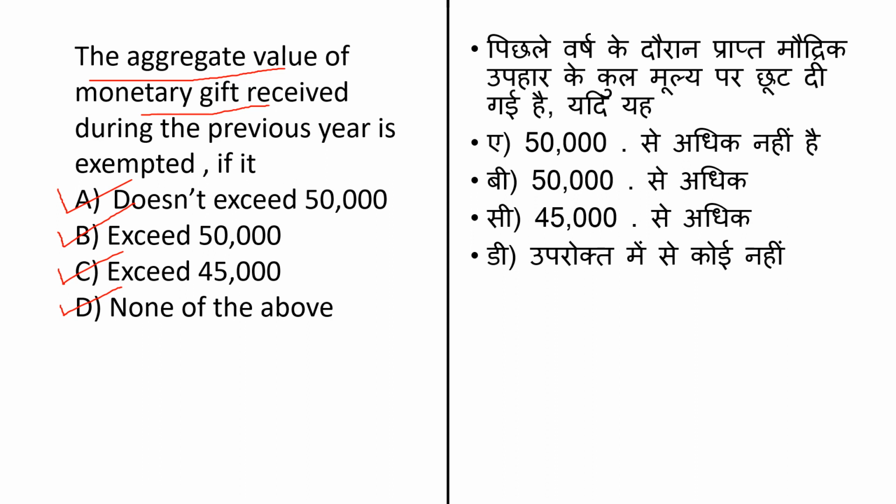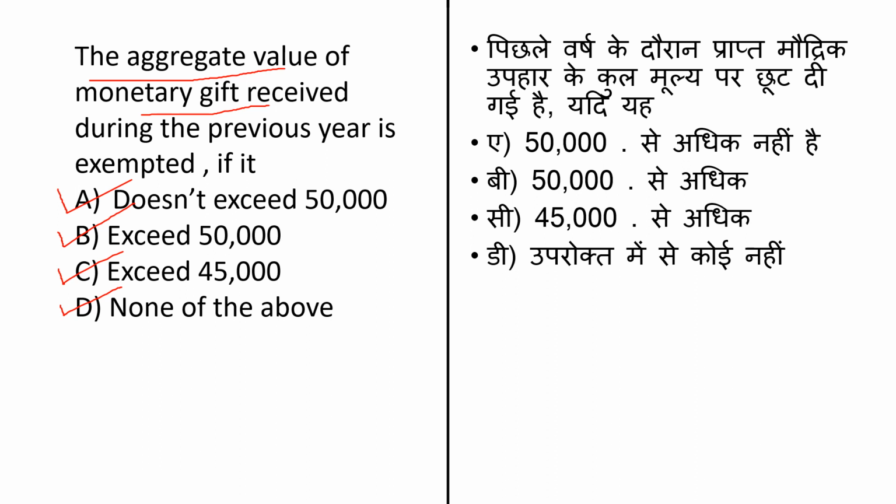If the gift received during the previous year exceeds 50,000, then the whole amount of gift received will be chargeable to tax. The marriage of an individual is the only occasion when the monetary gift received by him will not be charged to tax. The gift received on the occasion of the marriage of an individual is not charged to tax.